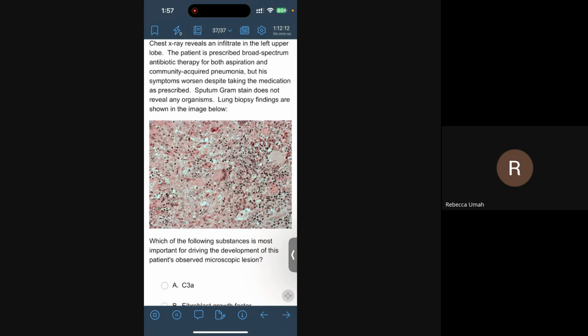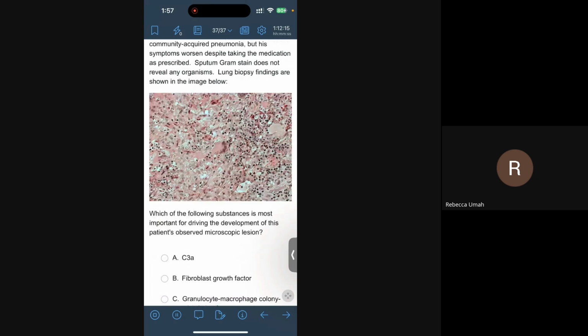In the photo, what can you find? There is a multinucleated giant cell in the center of the photo. The diagnosis here is TB. That is why it is not found on gram stain, and why antibiotics are no longer helpful in treating the patient.